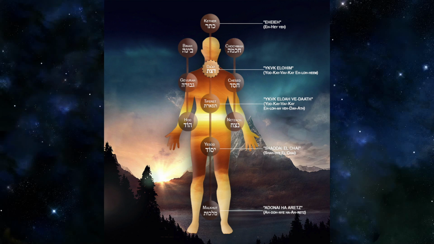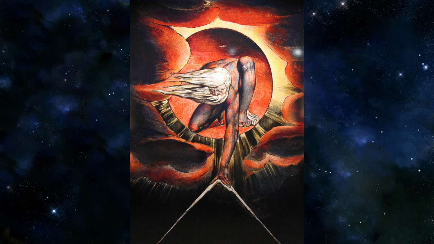And when in the Christian tradition they say none come to the Father but through me, and these are words attributed to Jesus, we see that Keter is the Father, and it's the Ancient of Days. That represents the actual God, or the Creator God.